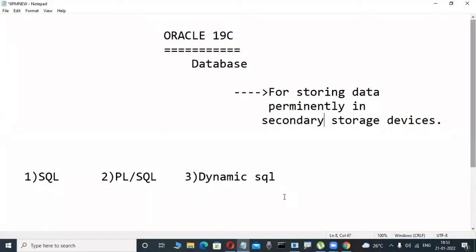ETL developers always need subqueries, joins, materialized views, indexes, partitions, some concepts. OLAP features like rank, dense rank, analytical functions like lag and lead, some analytical functions knowledge is required, and PL/SQL stored procedures. Just before 10 a.m., 3 batches are there.